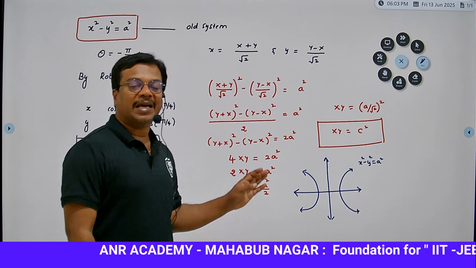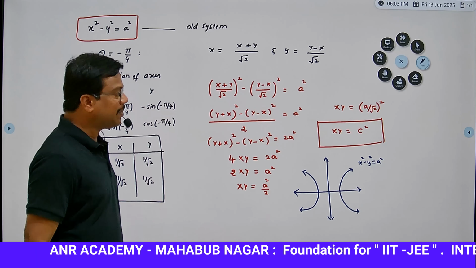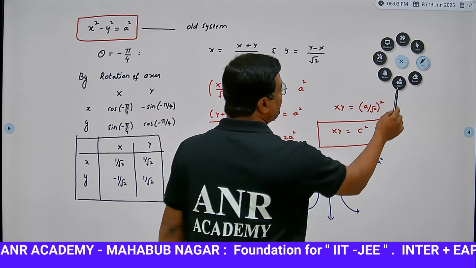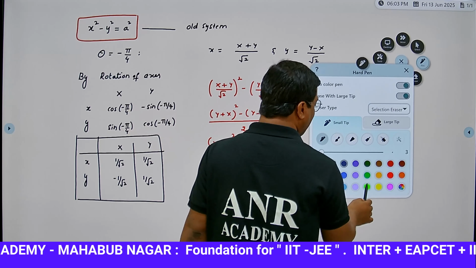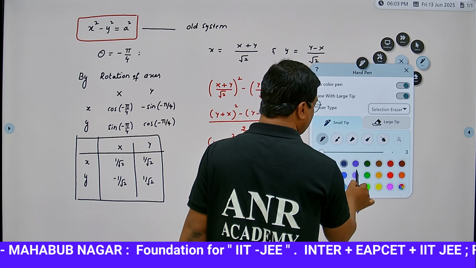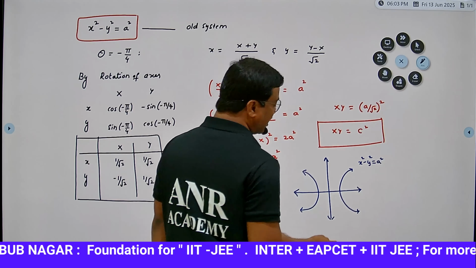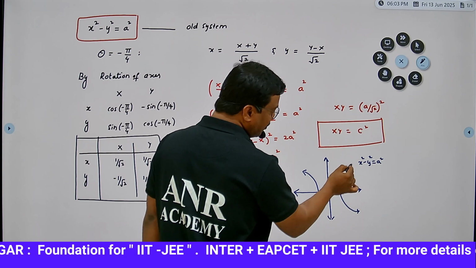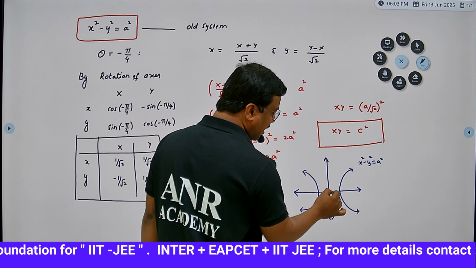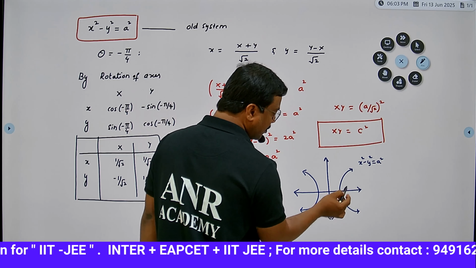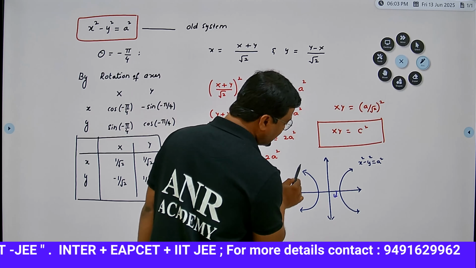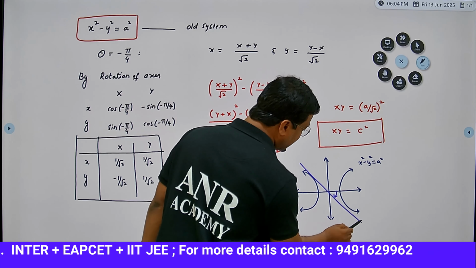Suppose that the axes are rotated through an angle minus pi by 4, nothing but now you have to rotate the axis through an angle minus pi by 4. Here the first x axis rotated through an angle minus pi by 4 implies we get the new axis here.